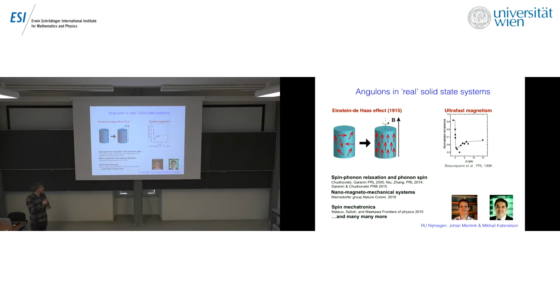They want to switch magnetic moments with very fast laser pulses as opposed to slow magnetic fields. What they observe is that if they induce magnetization, it disappears after a time that is too short for any theory to understand, right?